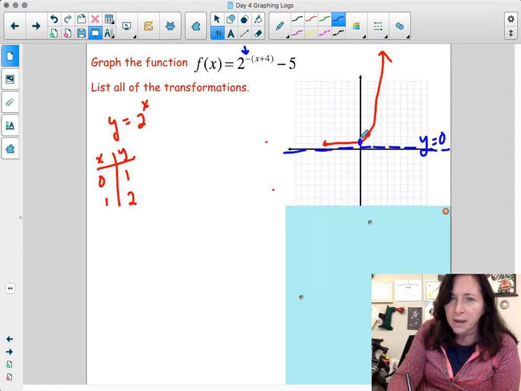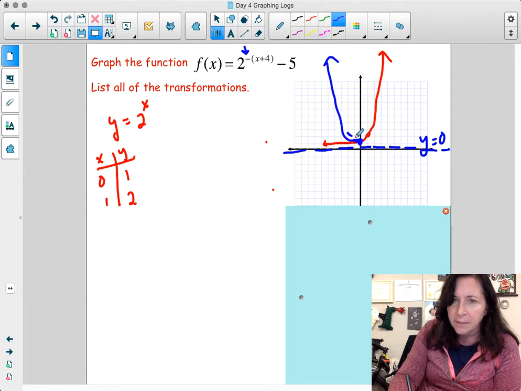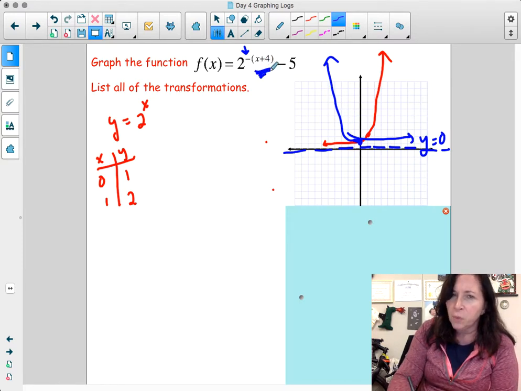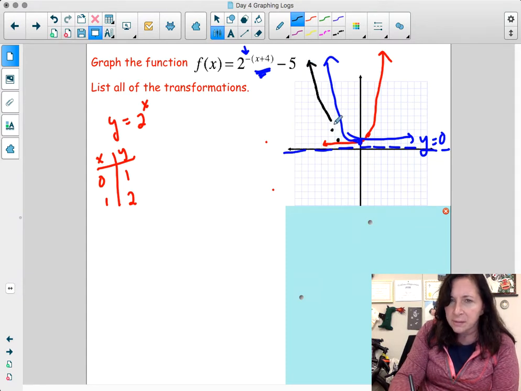So in doing that, now my graph is going to come across like this and look like this. In addition to that, it's telling me to move my graph 4 places to the left. So now my graph is going to be 4 units to the left, and so my graph will look like this. Okay. Go through those 2 points.